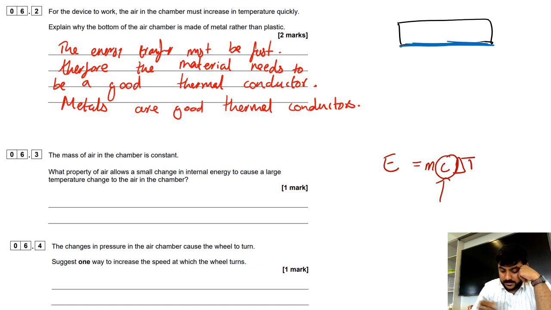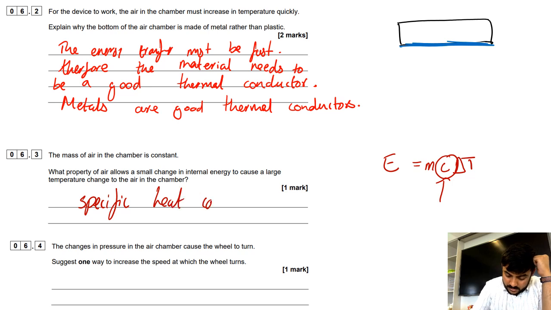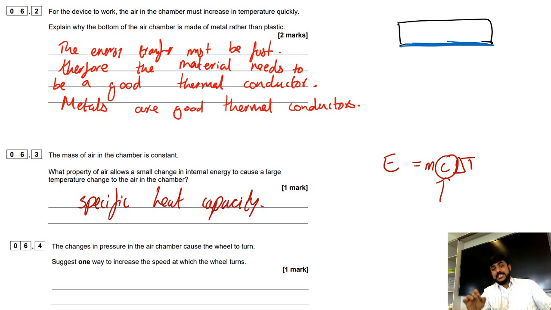That property is specific heat capacity. Specific heat capacity, remember, is the energy needed to change the temperature of a kilogram of substance by 1 degree. So if there's less energy needed, that means it's a lower specific heat capacity.